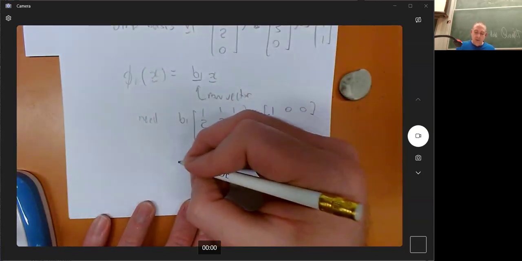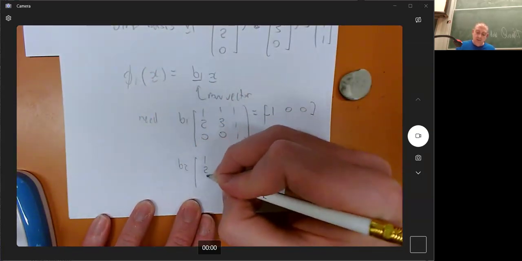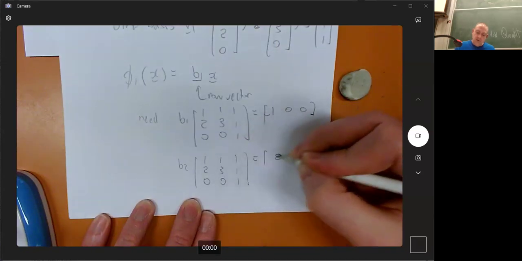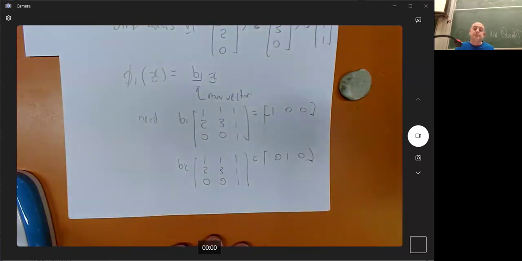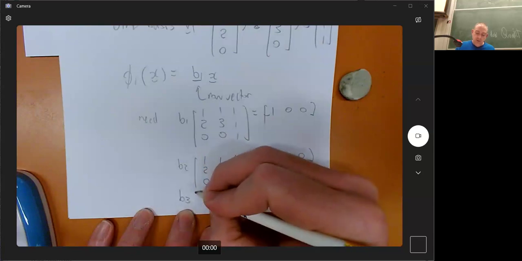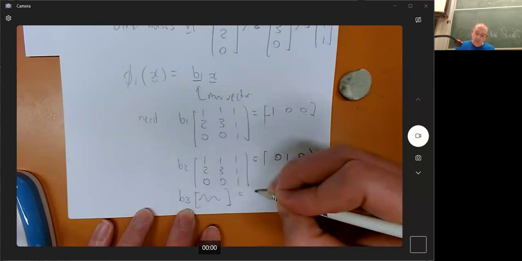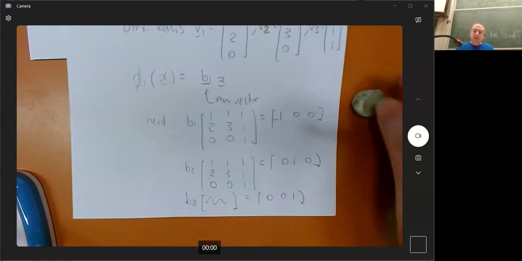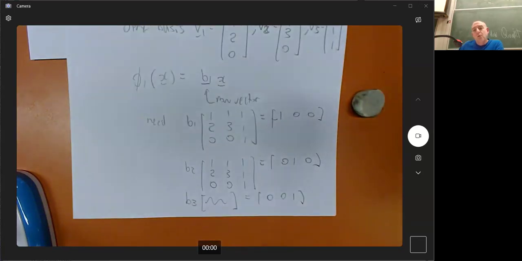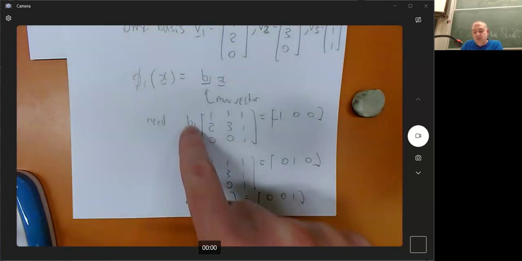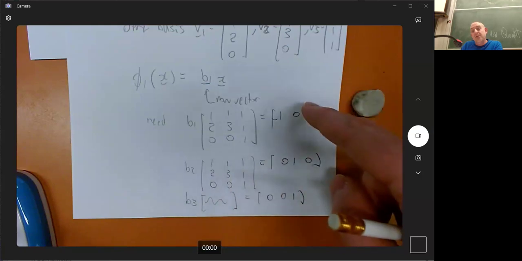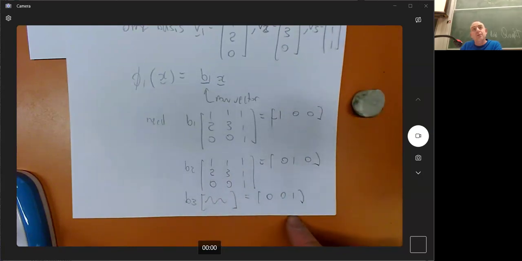And similarly, I'm going to need B2 times these three things to be 0, 1, 0. And B3 times this whole thing has to be 0, 0, 1. So if I make a matrix that has these three as its rows, and I multiply it by this matrix, it will produce a matrix that has these three as its rows.